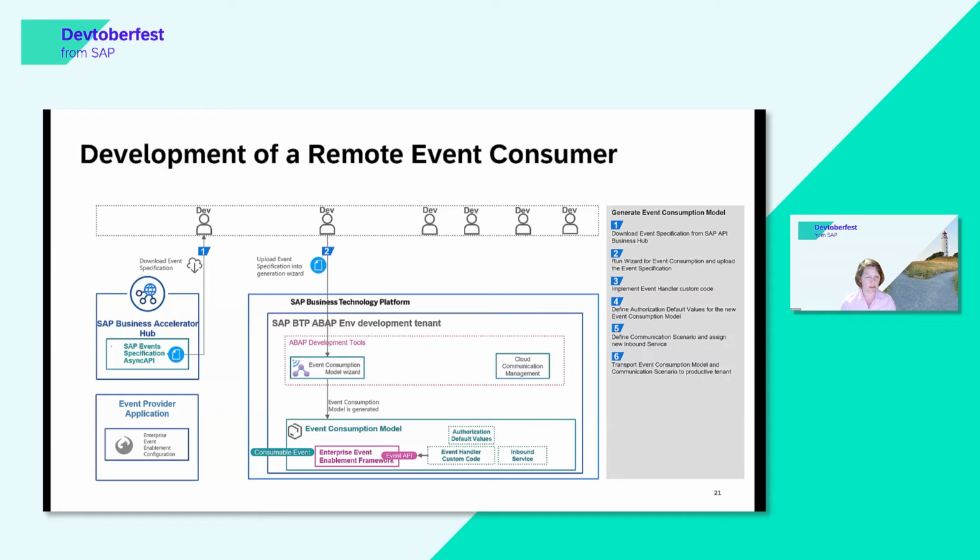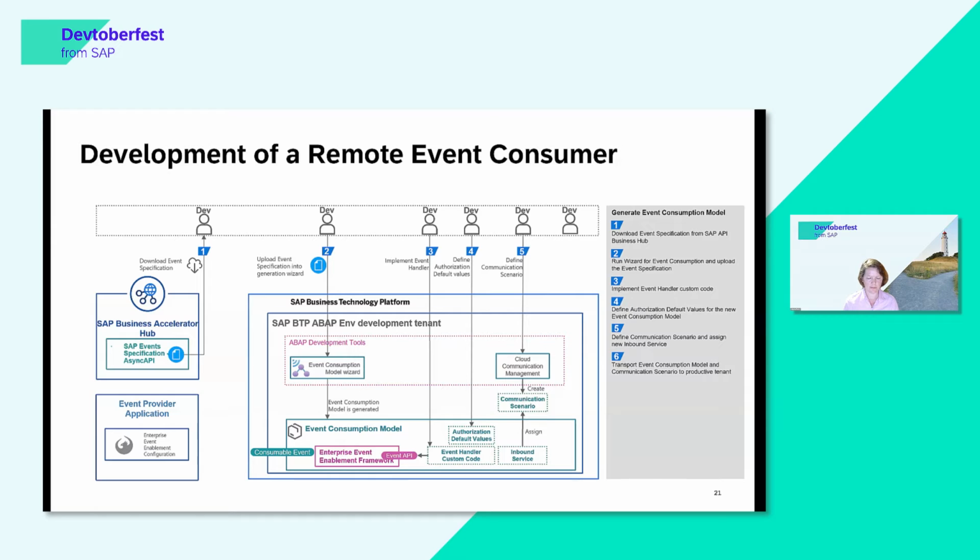Later on, they will be used for the respective role. As we are in the cloud context, we also need to expose the consumption model somehow. In this case, we do it via an inbound service. This inbound service is already created with the consumption model, and in the process later on, you can include that in the respective communication scenario.